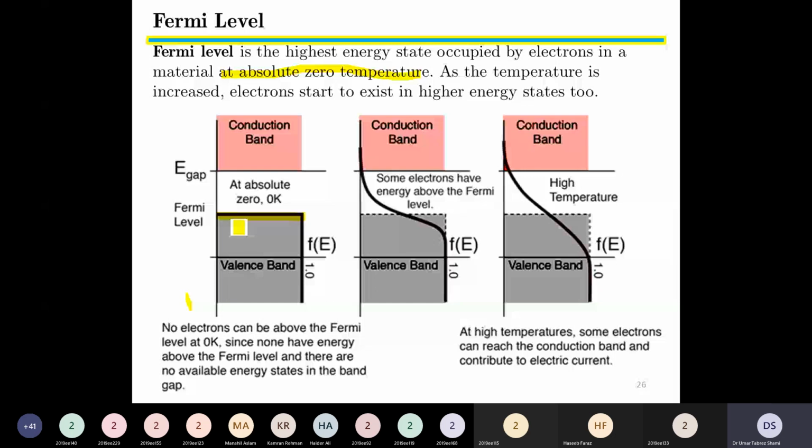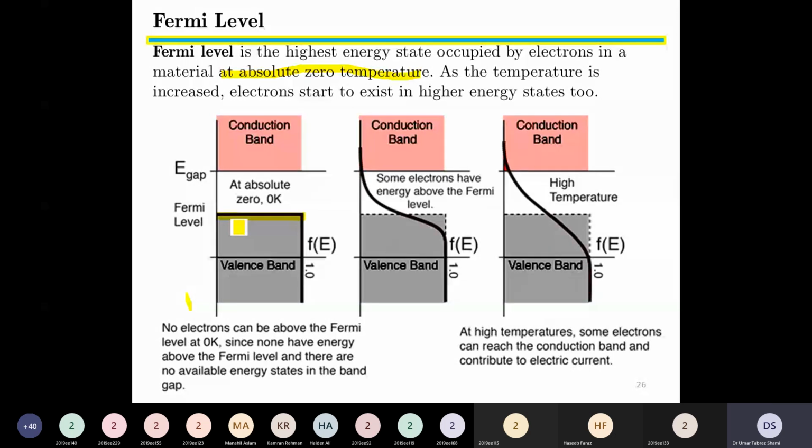That will be the Fermi level. This will vary from element to element. As we increase the temperature, the electrons absorb energy and then they jump from valence shell to conduction shell. Only then can they start residing in the conduction band.